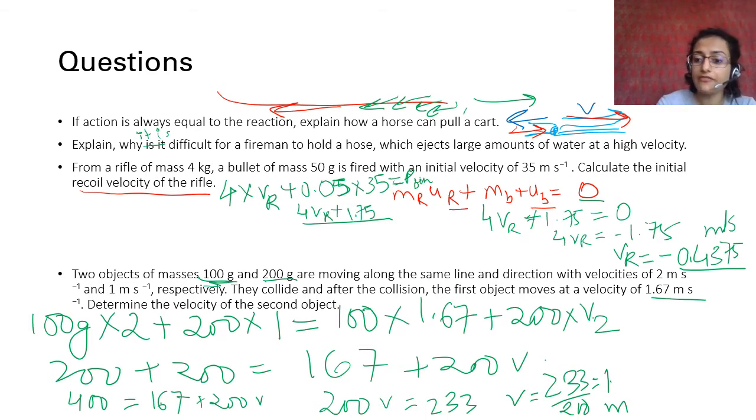You see that the first object's velocity has reduced and the second object's velocity has increased, right? And they are both positive because they are both moving in the same line. So one object slows down, the other object moves slightly faster, but the masses remain the same, right? So that is the law of conservation of momentum.